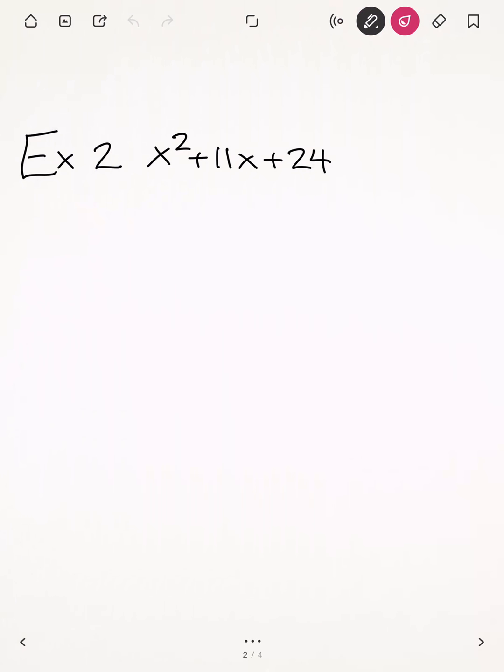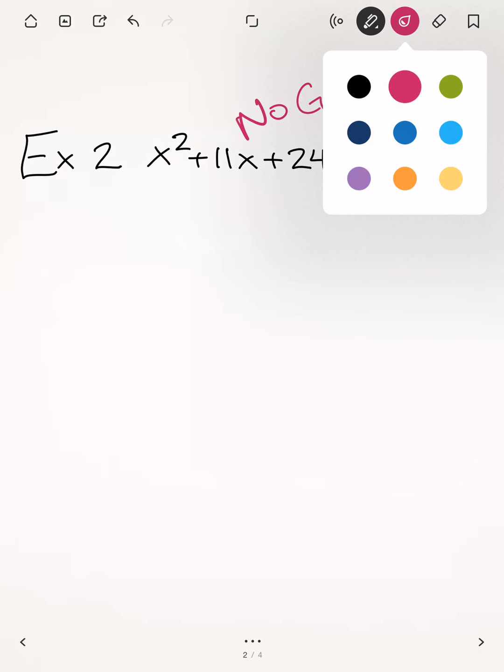Moving on to example 2. I have x squared plus 11x plus 24. First I always look for a GCF. This one does not have a GCF, so no GCF. Then I go straight into the x in the box.